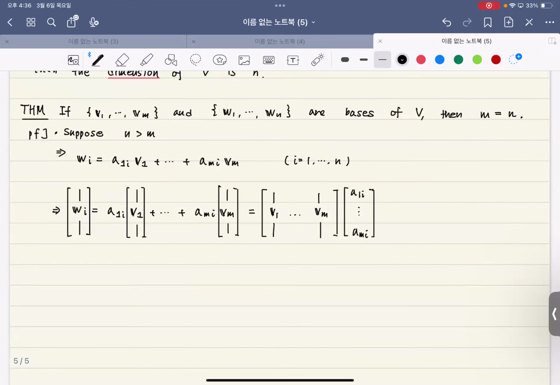Okay, and I have n such equations, and suppose that I place everything in a parallel manner.